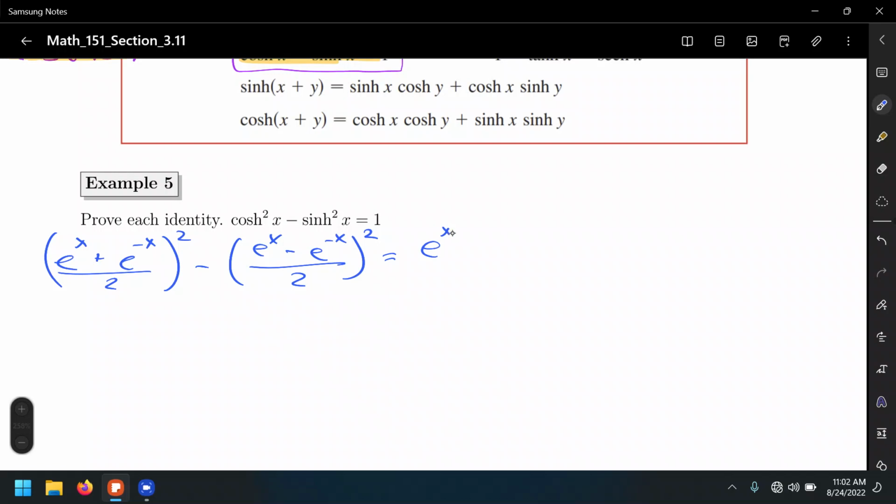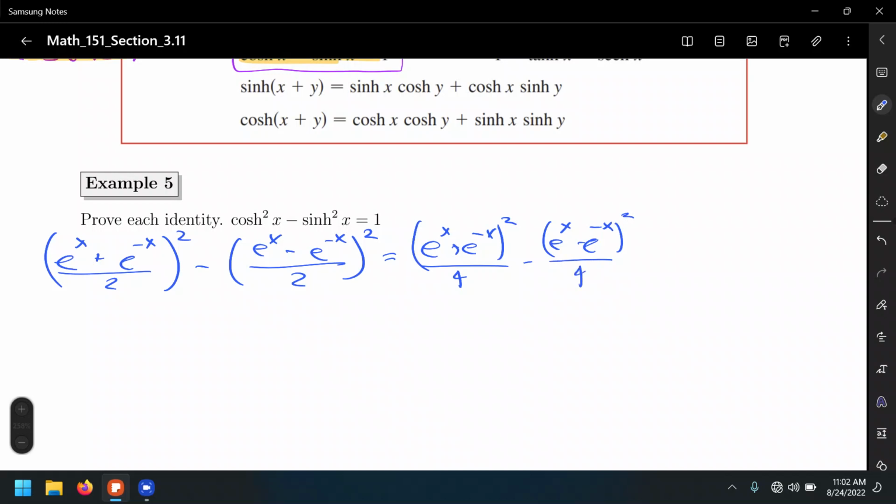That is to write e to the x plus e to the negative x squared over 2 squared, which is going to give us a 4, and then minus e to the x minus e to the negative x quantity squared over 4 as well.